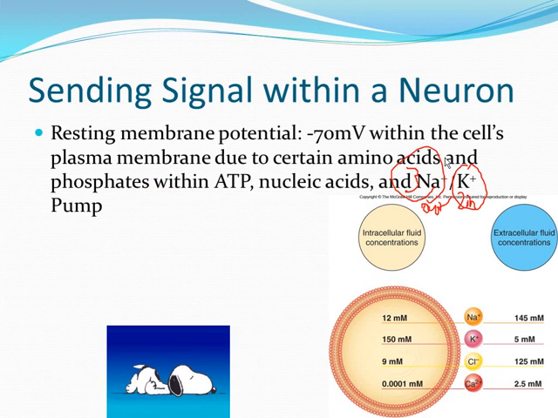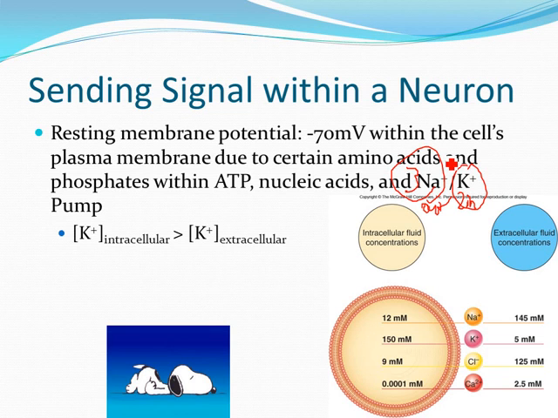So overall, we're going to have what? A more positive or more negative inside? If we're pumping 3 sodium out and 2 potassium in, we're losing a positive charge. If we're losing a positive charge, we're going to make it a little negative inside the cell. Does that make sense? Yeah.